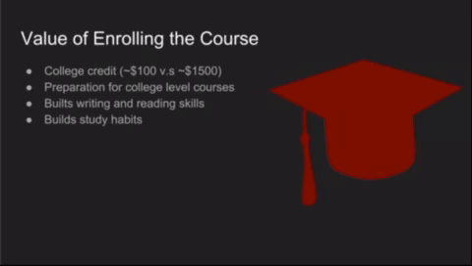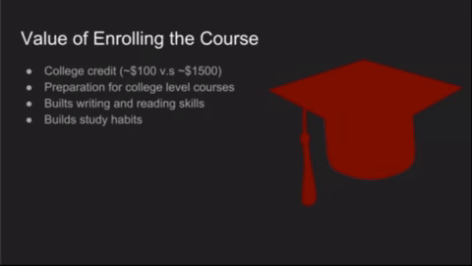In addition to receiving college credit, these courses prepare you for college. If you're taking an AP college level course, you are aware of the intensity of college level courses, and you can use the information from your course in other courses as well.